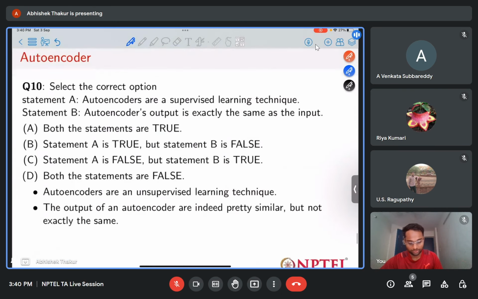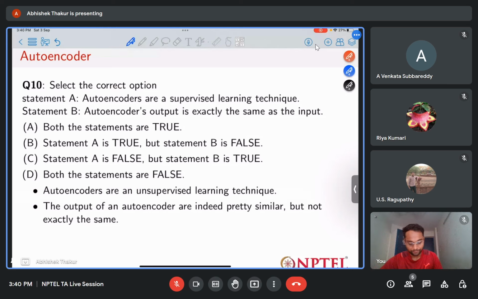So now we'll move on to the 10th question. This is also select the correct option. Option A: autoencoders are supervised learning techniques. This is a wrong option because autoencoders are unsupervised learning techniques. Statement B: autoencoder's output is exactly the same as the input. The explanation for option B is that the output of an autoencoder is indeed pretty similar but not exactly the same.